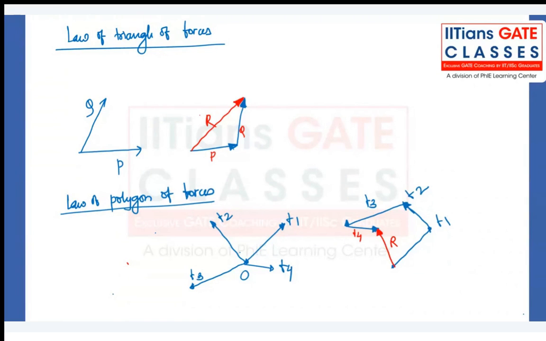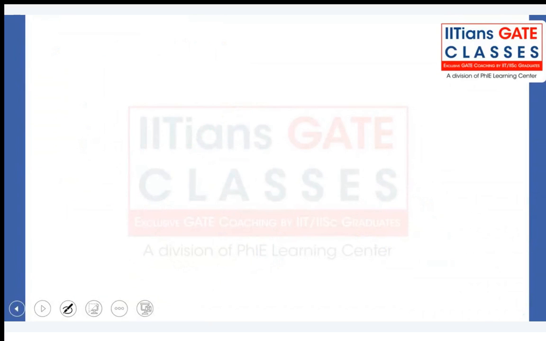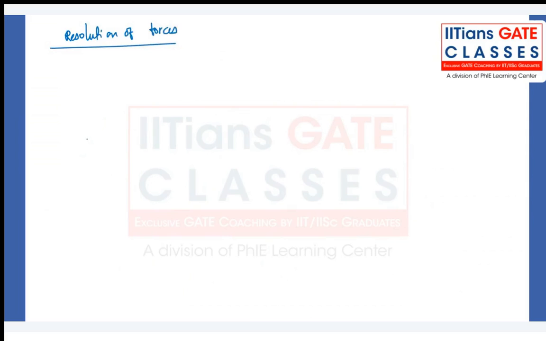Another basic thing I would like to introduce is the resolution of forces. Often we are using this term, resolving force in x direction and y direction and all. So what is this resolution?